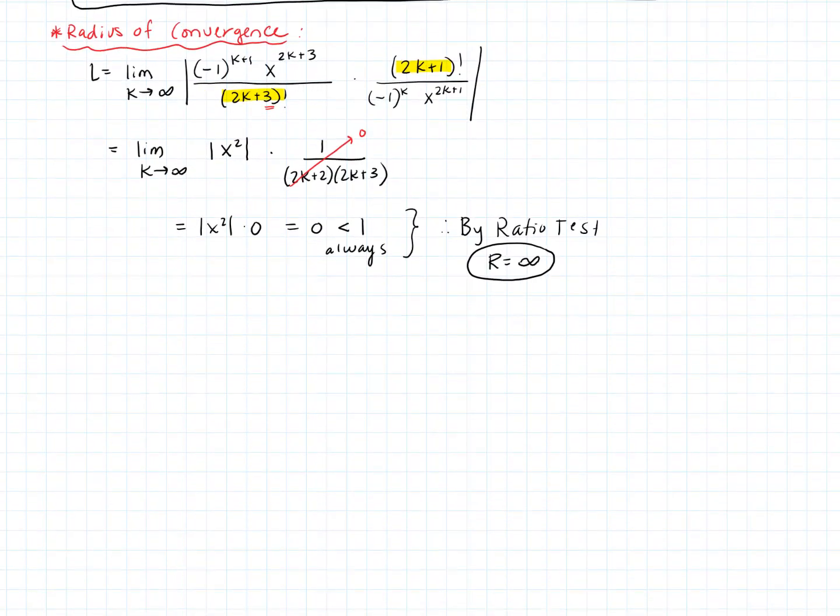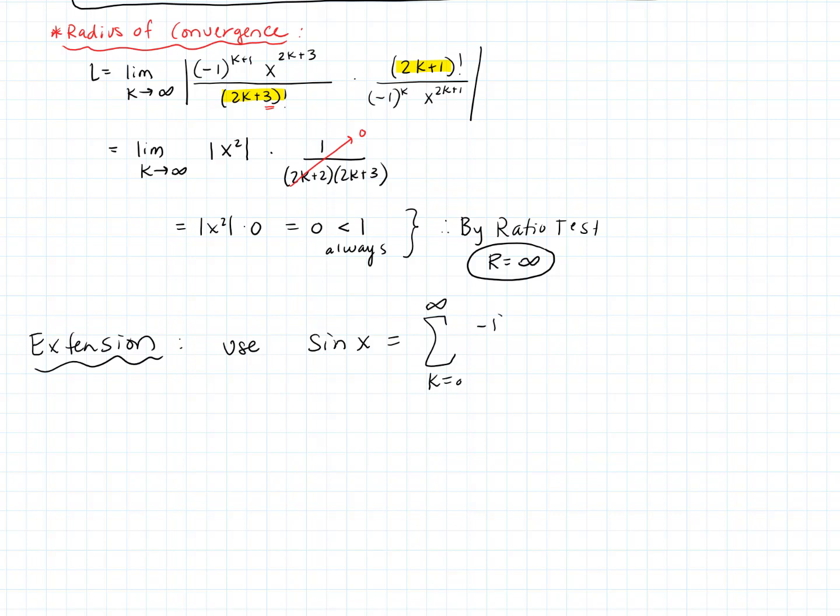So let's do a quick little extension. Okay. Let's use the fact that we now know that the sine of x is equal to the power series from k equals 0 to infinity of (-1)^k x^(2k+1) over (2k+1) factorial.